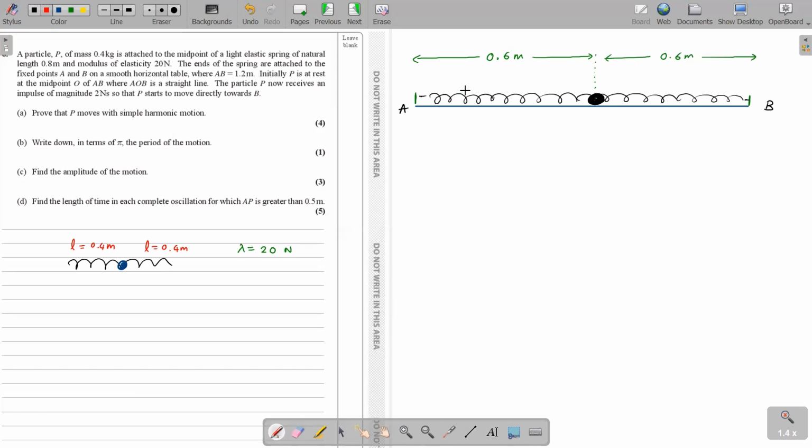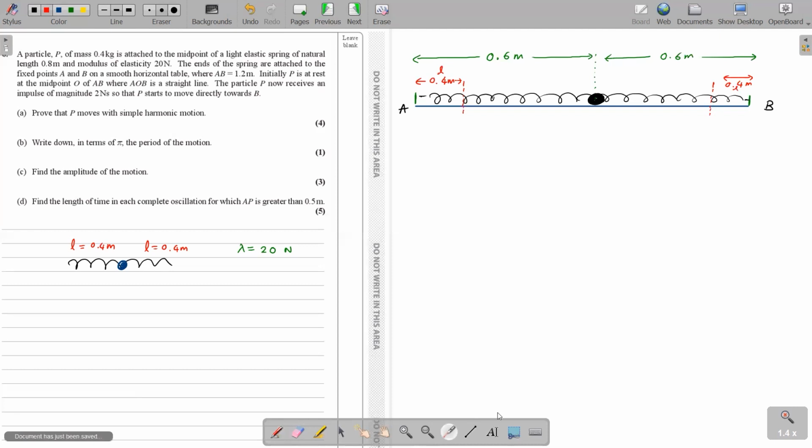The natural length of each spring is 0.4 meters. So this is the natural length. Are you with me?